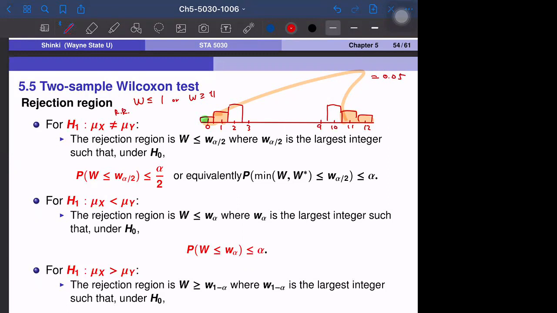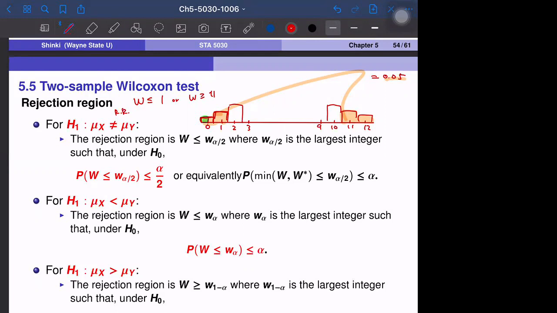So this is how to define the rejection region. In general, if we have a significance level, then we divide this number by 2 and find the area which corresponds to that probability. Then that area is the rejection region. We have to be conservative.